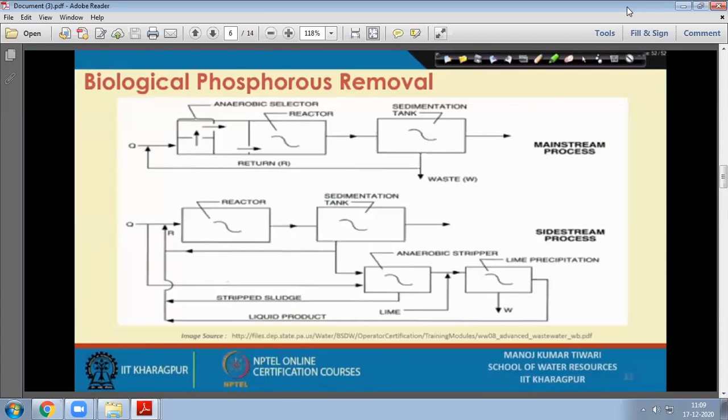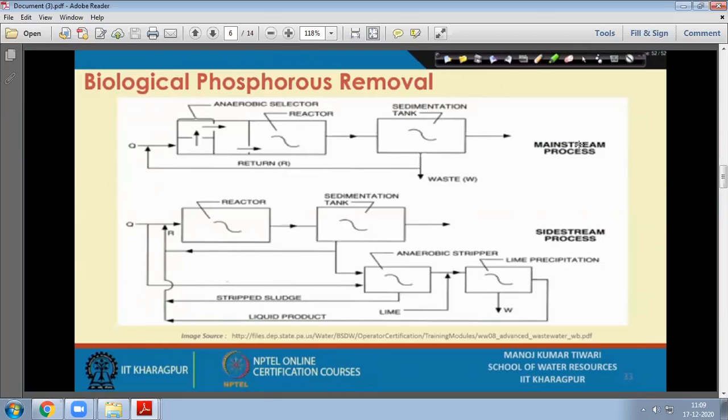So you have one more way. They have given the same thing in steps. You're seeing anaerobic reactors here, and they are passing some of it as return sludge from the clarifier, the sedimentation tank.